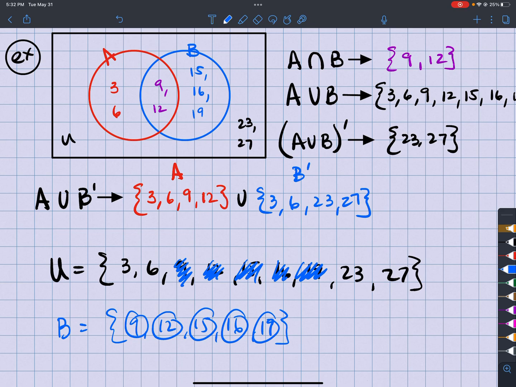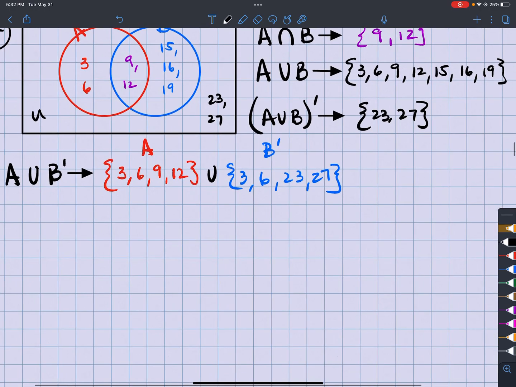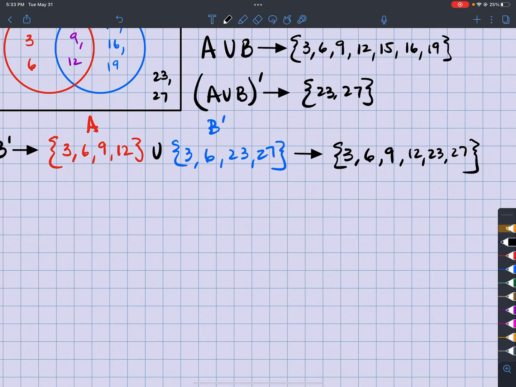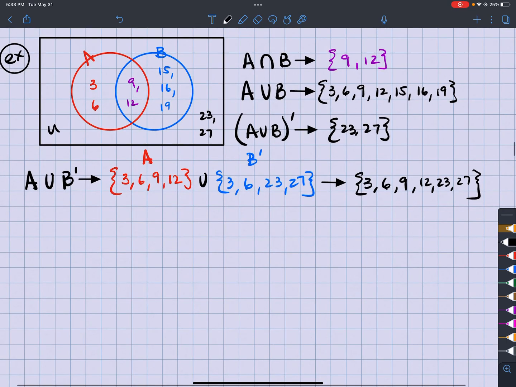So, with that being said, now that I can get rid of this, if I was to union these two, what would I get? They both have 3, they both have 6. One has 9, one has 12, one has 23, one has 27. Right? So, because I'm unioning them, but what if I intersected them, right?